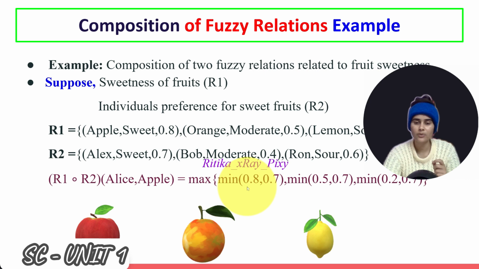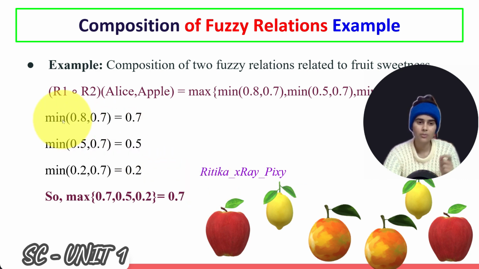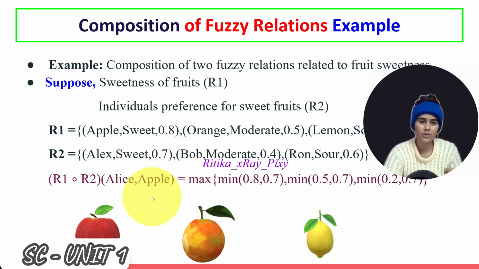First we have 0.8, 0.7, the minimum is 0.7. For the second case 0.5, for the third case 0.2, and among all we take the maximum, that is 0.7. This 0.7 value represents Alex's preference for apple sweetness.